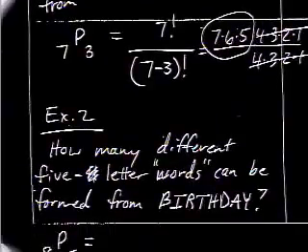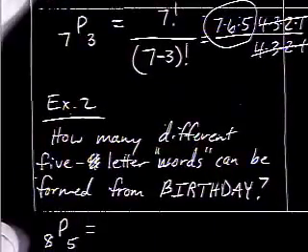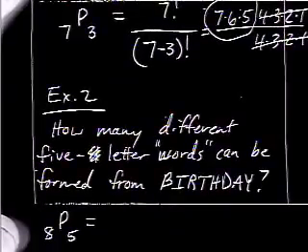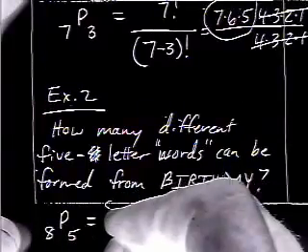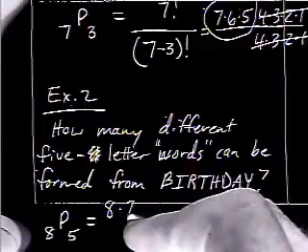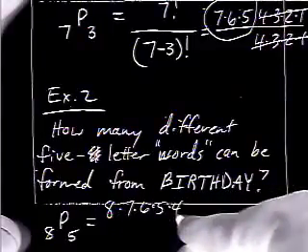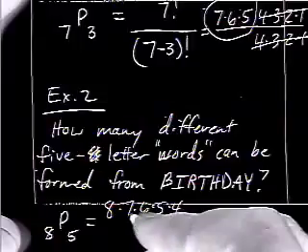Okay, example 2. How many different 5-letter words can be formed from the word birthday? Well, we have 8 different letters and 5 slots to fill. 8 times 7 times 6 times 5 times 4. Right, because this is 8 factorial.